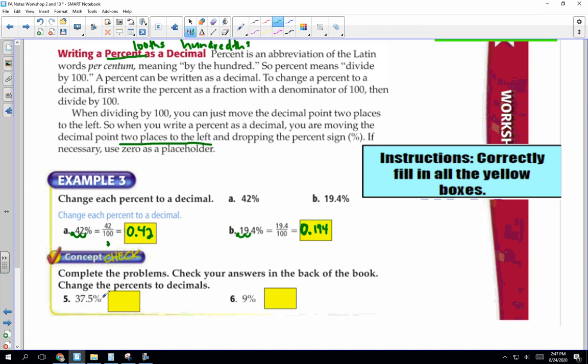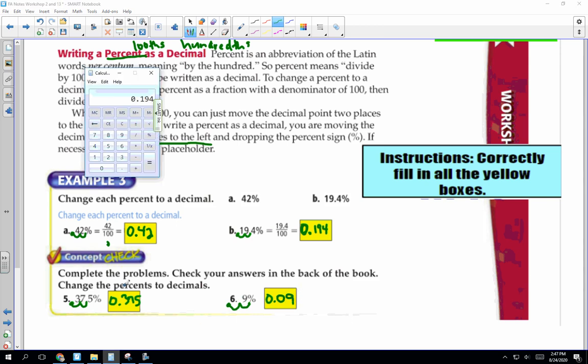Okay, here's your concept check. 37.5%. We're going to move that decimal place over 2 spots, so it's 0.375. And here's an instance where we're going to need the placeholder, and I'll show you on the calculator. I ran out of numbers after that 9, so I got to put a 0 in there.